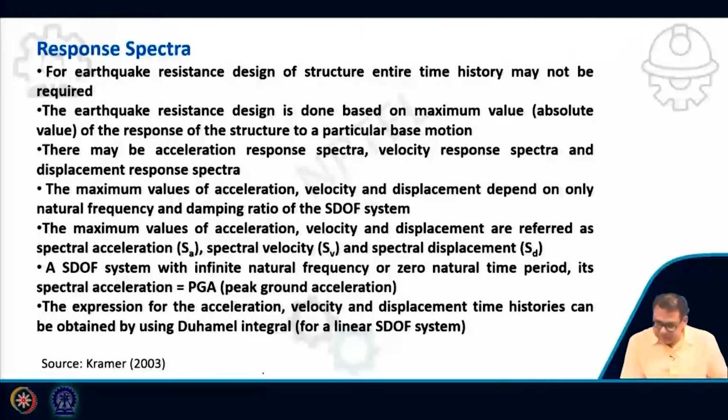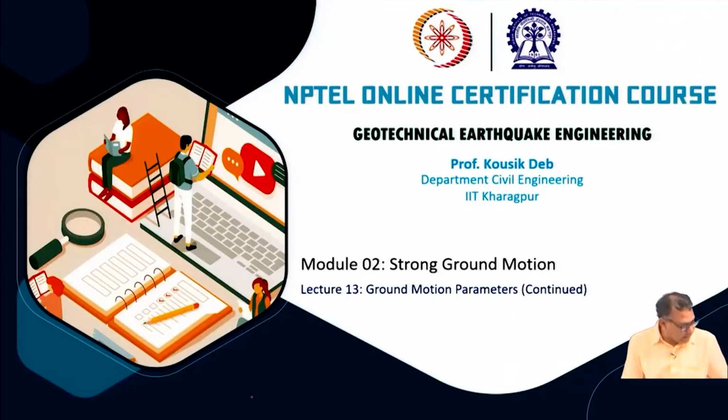Now here, as it is mentioned, SD is the spectral displacement, SV is the spectral velocity and SA is the spectral acceleration. SD I will get as U max, the maximum value of the displacement, that means the maximum response.